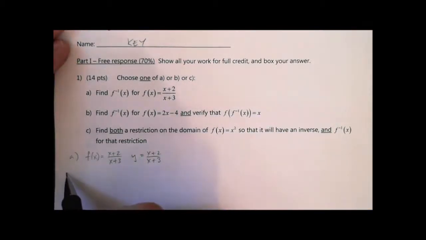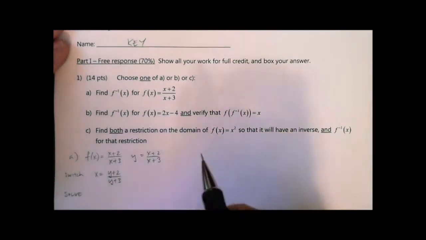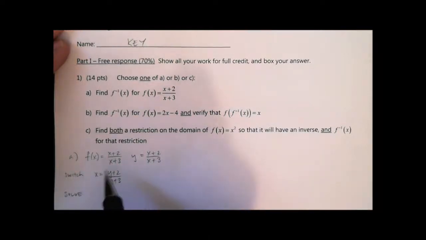To find the inverse, we're first going to switch x and y, and then solve for y. And to do that, we're going to multiply both sides by y plus 3.